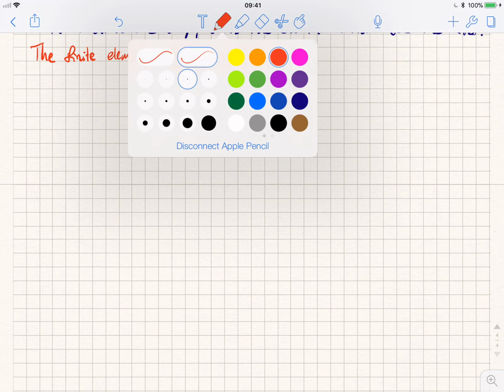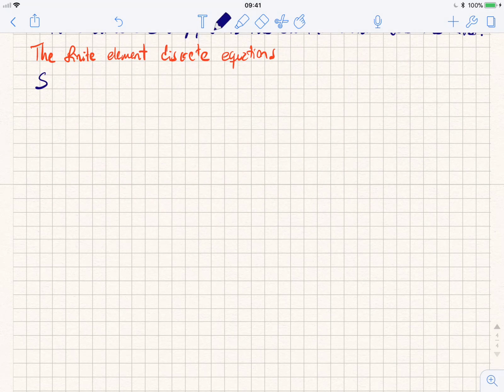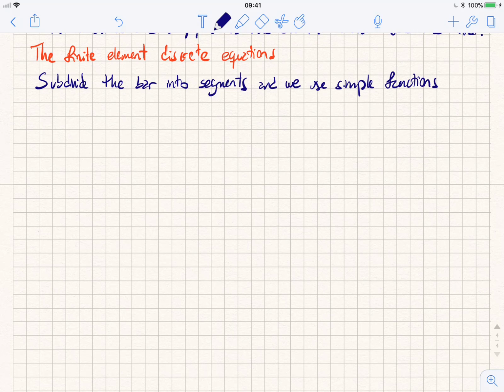Okay. So what is the idea? Well, now we divide the bar into segments, which end up being called finite elements, and we use simple functions that act locally in those segments.